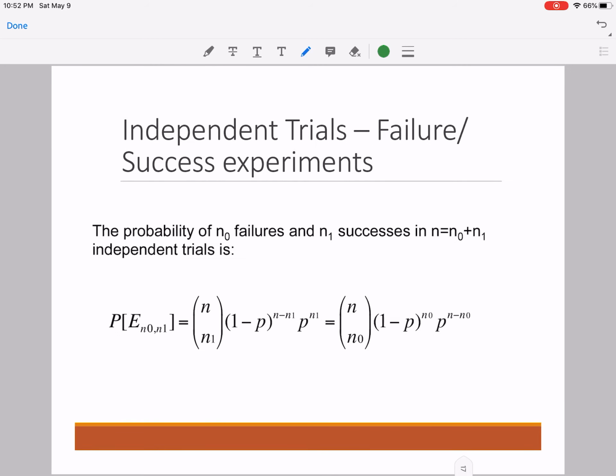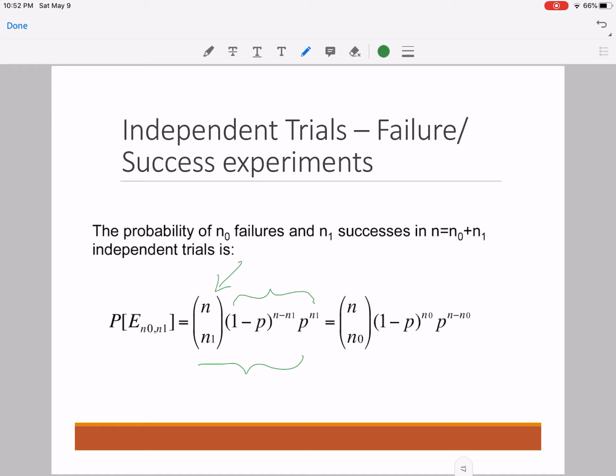The probability of n0 failures and n1 successes is given by this equation right here. If you notice, this term right here gives you the probability of exactly one sequence that has n1 successes. However, there are n choose n1 such sequences that can have n1 successes.